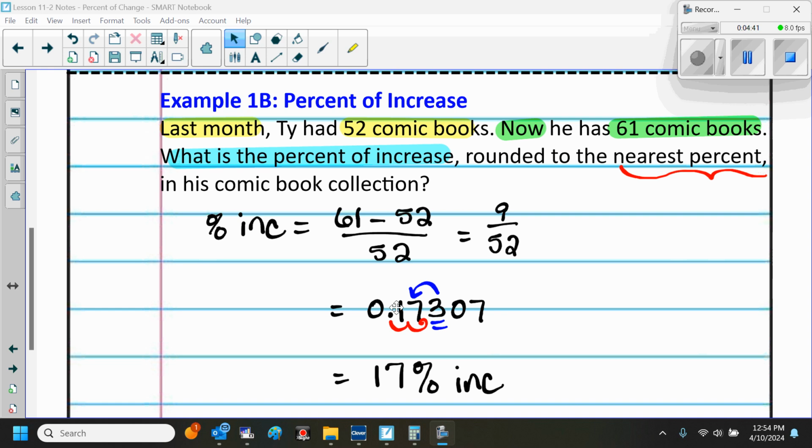That gives us a long number in the calculator. And you guys, I usually like to put 4 to 5 numbers behind the decimal. Here's where the new decimal is, and since we're rounding to the nearest percent, we have to look at this number right here, the 3, to tell us what to do to the 7. And that tells us to stay the same. So that's going to be 17%. So this is a 17% increase.